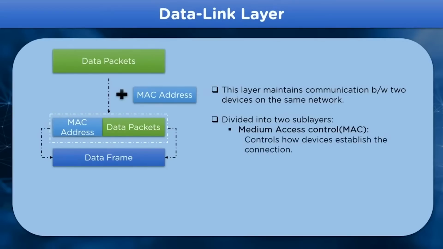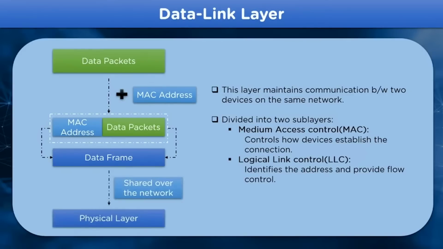The layer is divided into two different sublayers. Medium access control, that is MAC, controls the established connection device. And the second sublayer is the logical link control layer, LLC, which identifies the address and provides flow control for the data. This data frame, as told earlier, is transferred over to the physical layer.